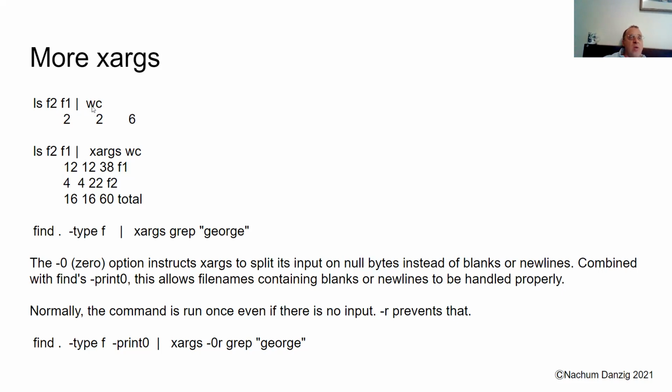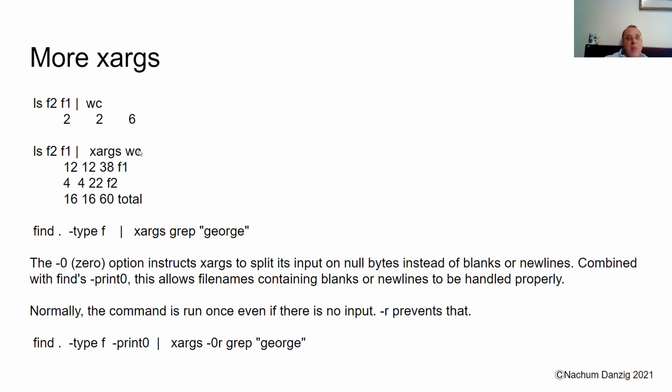So if I wanted it to be on the right side of the wc, I can do it like this. xargs, and then it's as though I wrote wc file1 file2, and it gave me file1, file2, and the total.